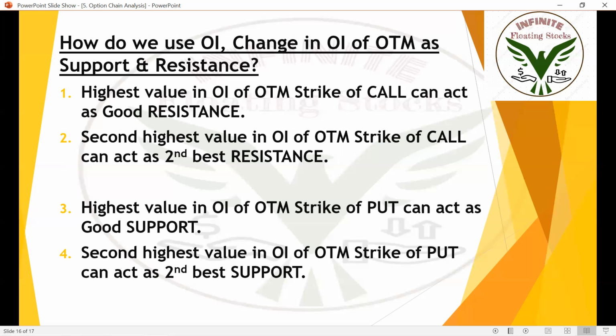If the highest OI is on the call side, then that strike can act as resistance. I repeat, you need the highest OI in out of the money fields, which are the white fields. If the highest open interest is on the put side, it can act as support. If the highest OI is on the call side in the white area, then that strike can act as resistance.